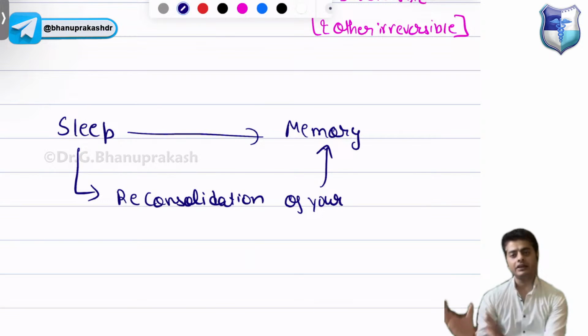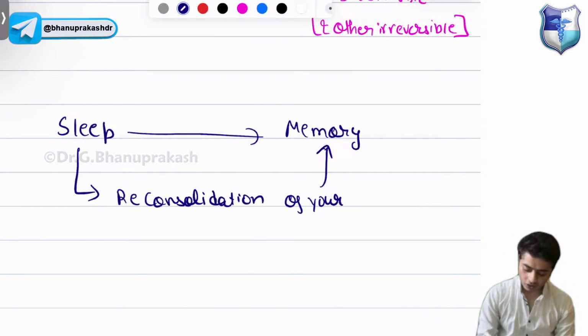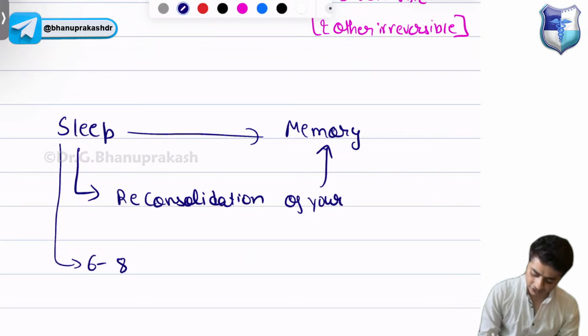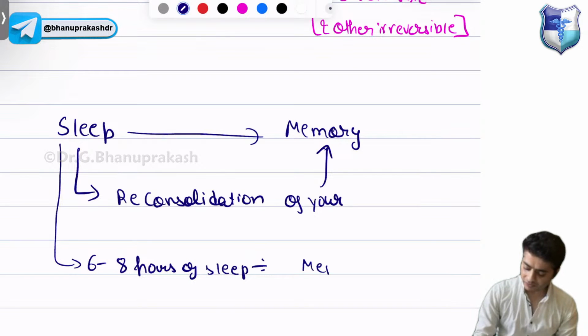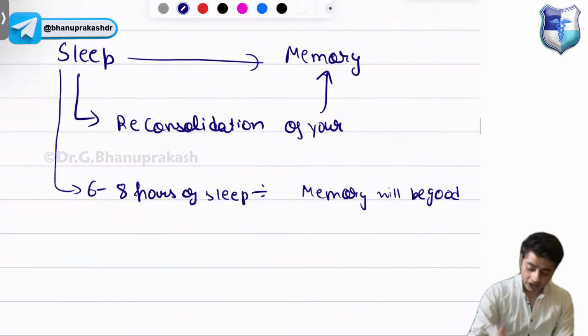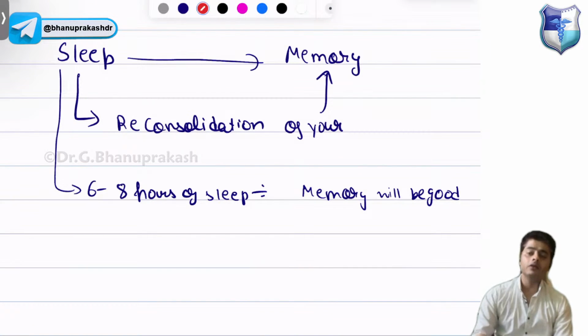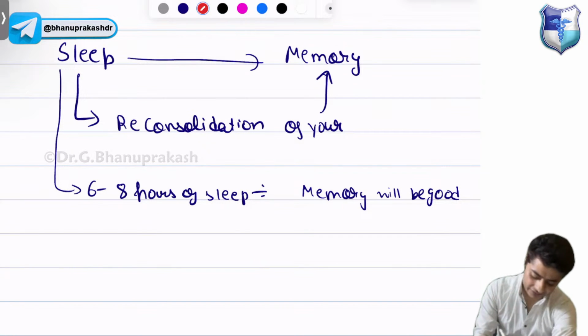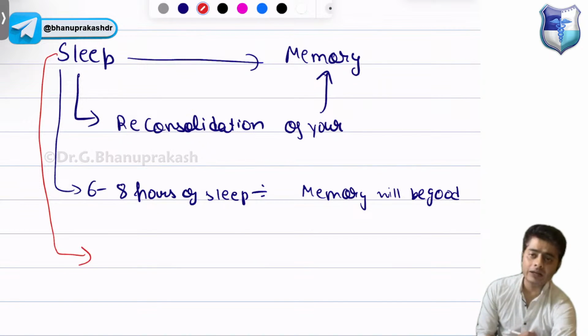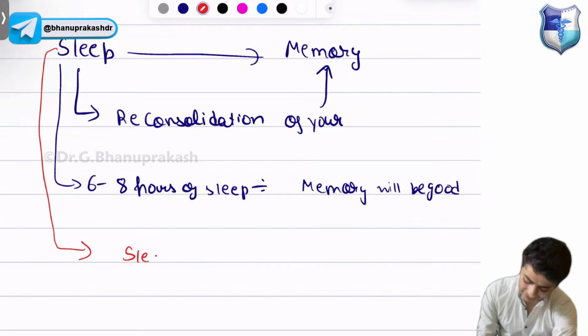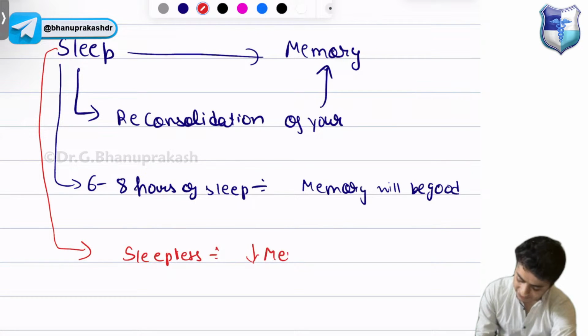If you are having 6 to 8 hours of sleep, then your memory will be good. Now, if a person sleeps less, your memory decreases.